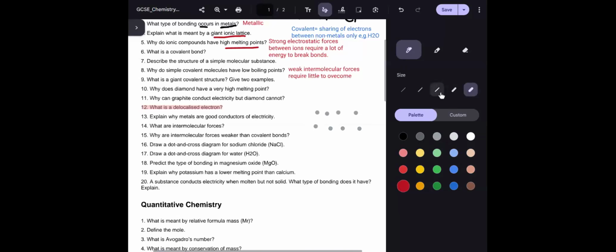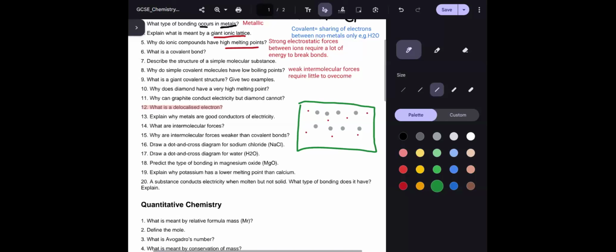Then we had those little red dots, and those were the delocalized electrons. So delocalized electrons are electrons that are free to move throughout this metallic structure, and they interact with those positively charged ions, and they're shared among those ions, and that forms the metallic bonding.